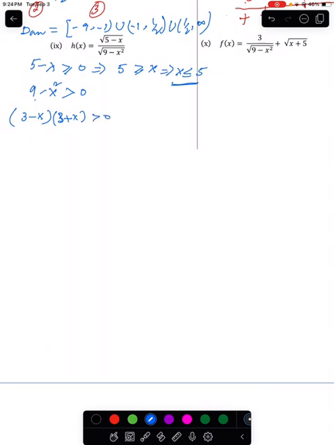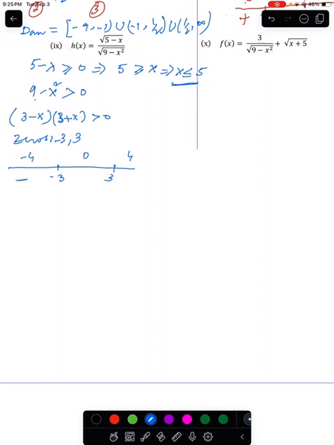Okay. And now we make the sign chart. First the zeros. Zeros are negative 3 and 3. And then we make the sign chart. Now pick a number: negative 4, 0, 4. When I plug in negative 4, the first factor will give me a positive sign, and the second factor will give me a negative sign.